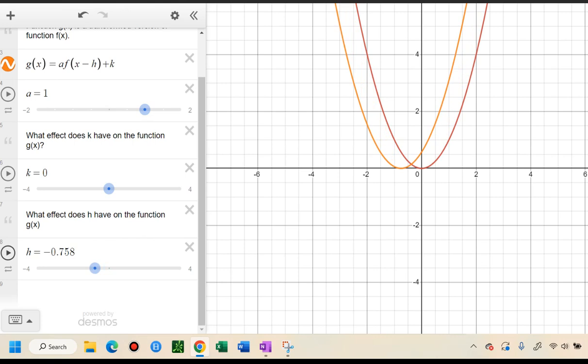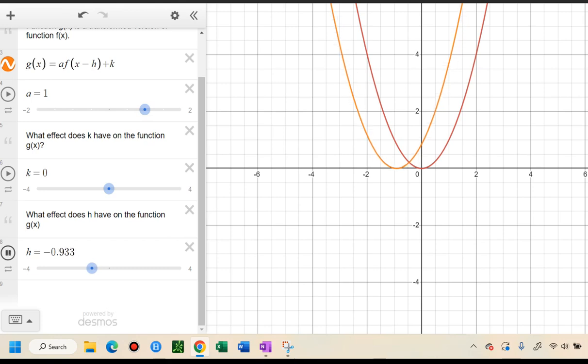See? I'm sorry. Let me... Yeah. That's okay, because I cannot control the right, left. If h is negative, it's going to move to the left. So check this out. So it's going to become more and more negative until my domain here is from -4 to 4.